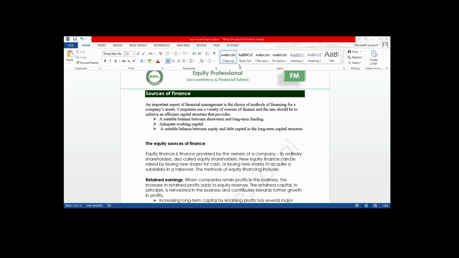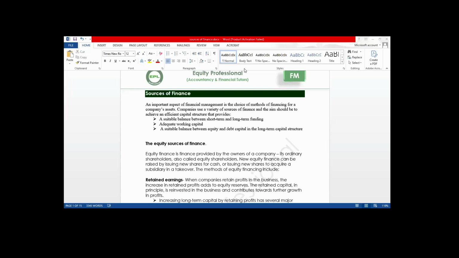Some finance is needed for the day-to-day running of the business. This will fall under short-term finance. Some finance is needed for long-term capital assets. This will fall under long-term finance.